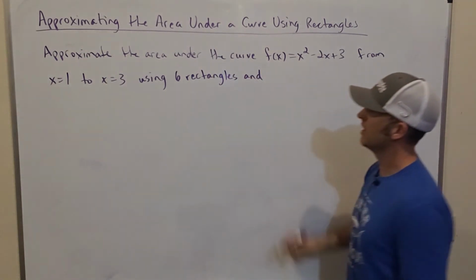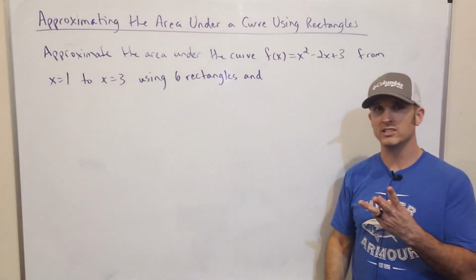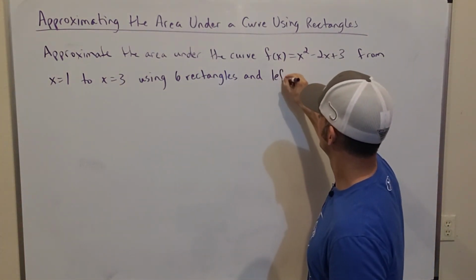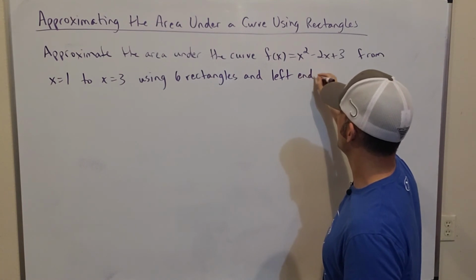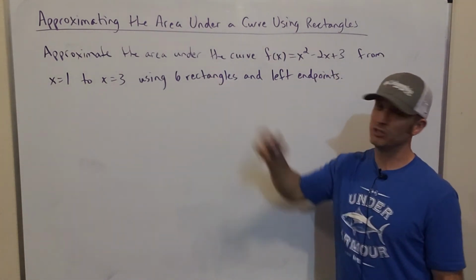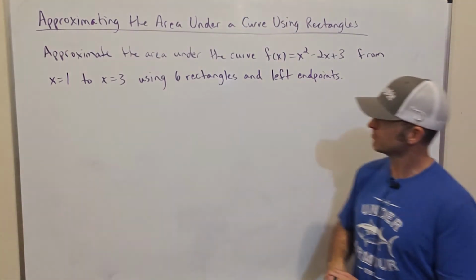And so we're going to work this problem in 3 different ways. The first way we're going to work it is with left endpoints. So we'll look at right endpoints and midpoints also. In all cases, we'll be using 6 rectangles, okay?